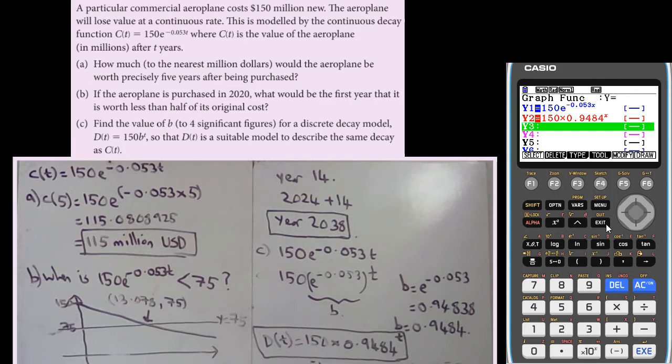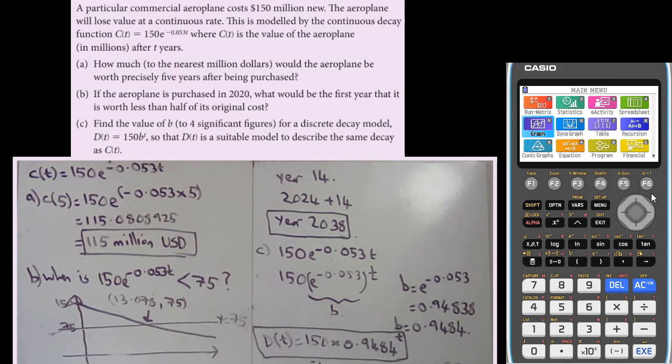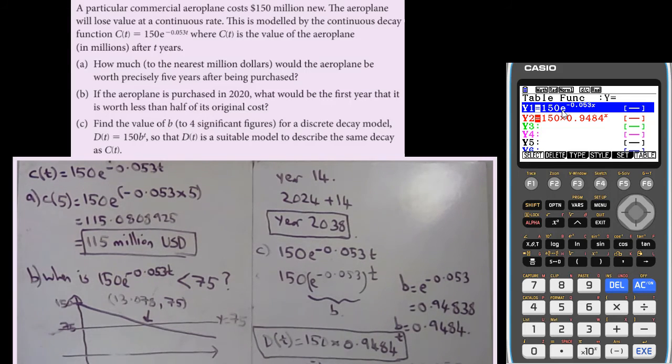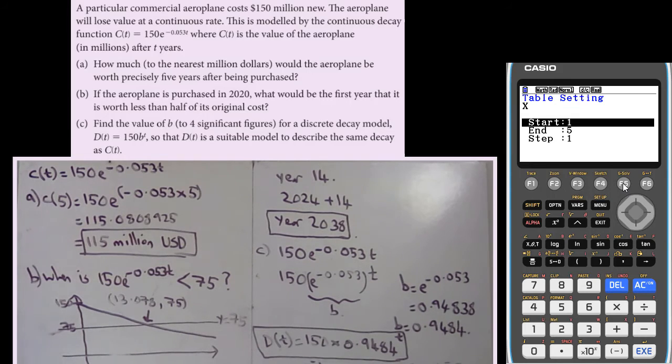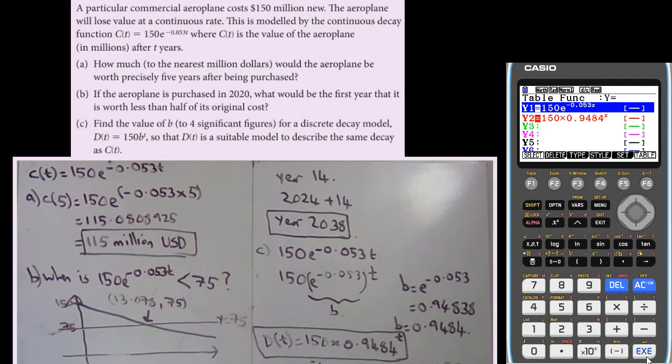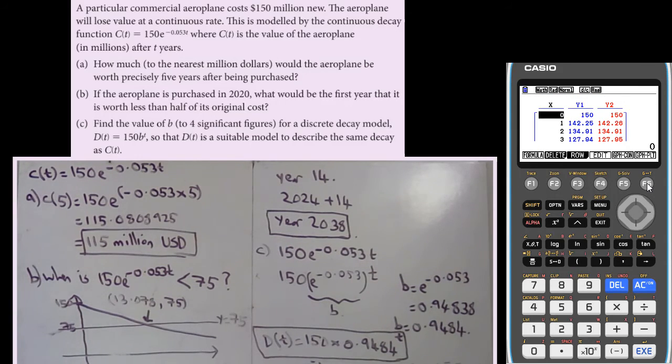So if we go menu and into table mode, which is number 7, you see that the functions are there anyway. If we set the table up, let's start with year 0, which should definitely be the same, and go up to, I don't know, 15 years, and just have a look at the numbers. I'm not going to write them down, but just for interest's sake, you can see that the values are quite similar.